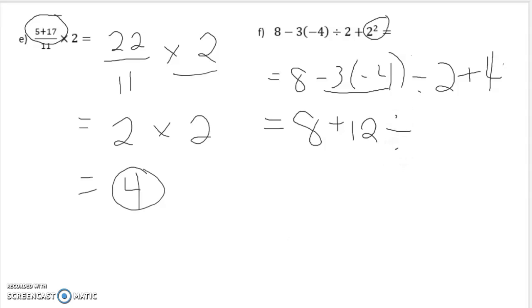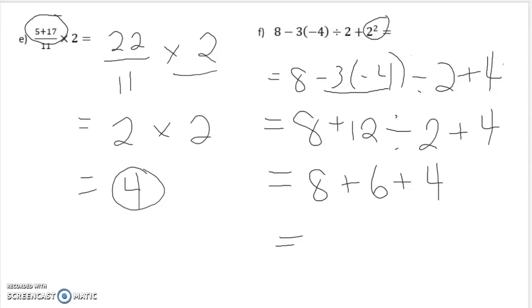And then we still have to divide it by 2 and then add 4 at the end. Our next step would be the division. So we have positive 12 divided by 2. The 8 still stays out in front because we haven't touched that yet. And positive 12 divided by positive 2 gives us positive 6. And then we still have plus 4.